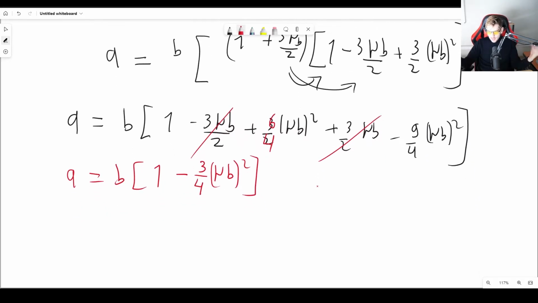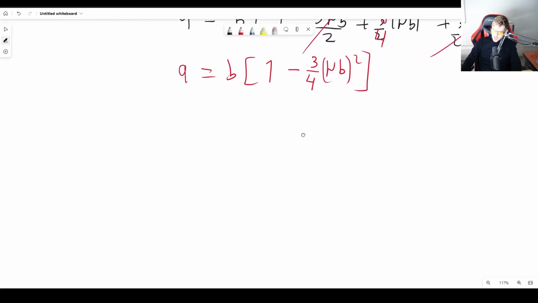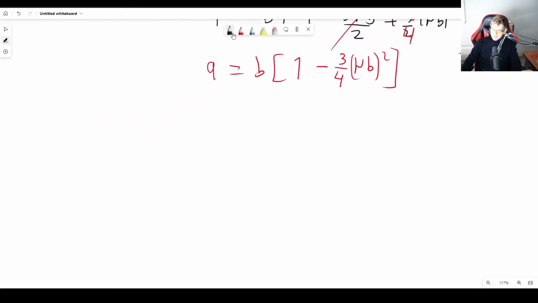Now the problem, however, is that, well, this isn't really a formula for b yet. What we need is to have b equal something. So let's divide by that squared bracket. So we get b is equal to a divided by 1 minus 3 over 4 mu b squared.